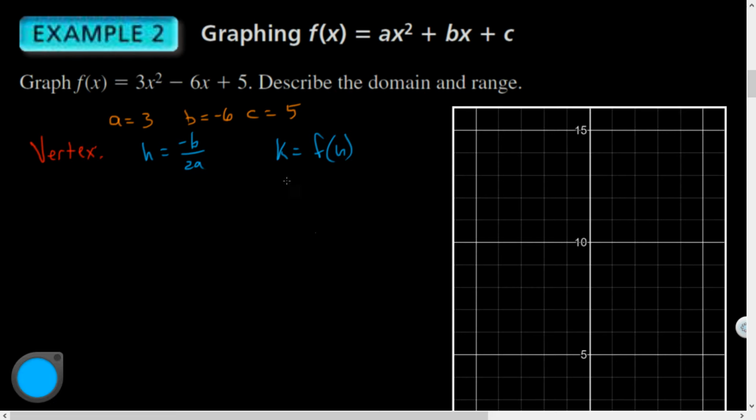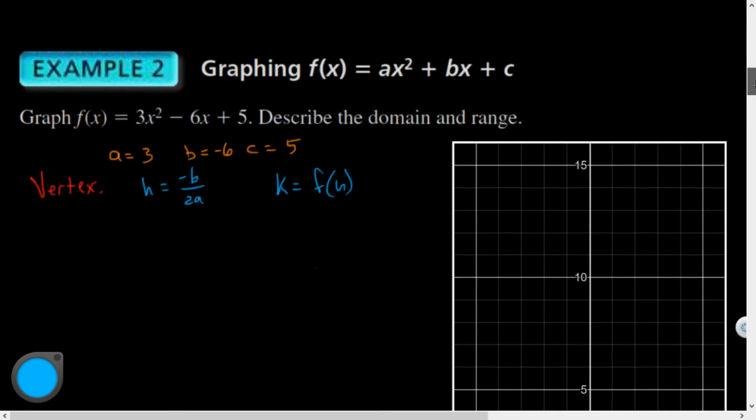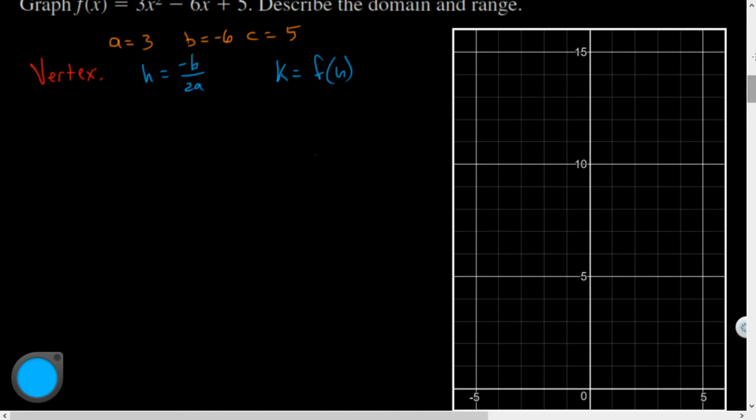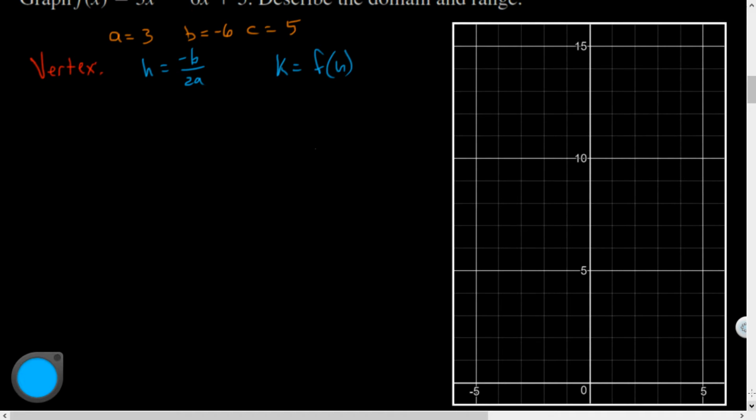So those are the two things I'll do to find the vertex, and then we'll be able to graph the vertex on my graph over here. This is going to be great. This is going to be good stuff, friends. I love it. All right, so let's find h. So h is equal to, all right, let's see if you can help me here, Brandon. h equals -b over 2a. So negative of b is going to be the opposite of what now? Negative b, what's b?